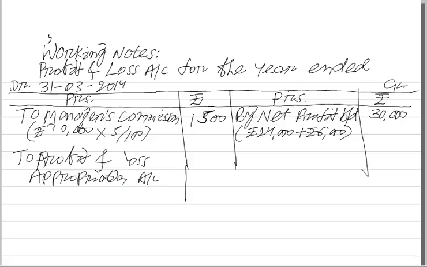Out of this 30,000, if you deduct 1,500, you will get 30,000 minus 1,500 is equal to 28,500.